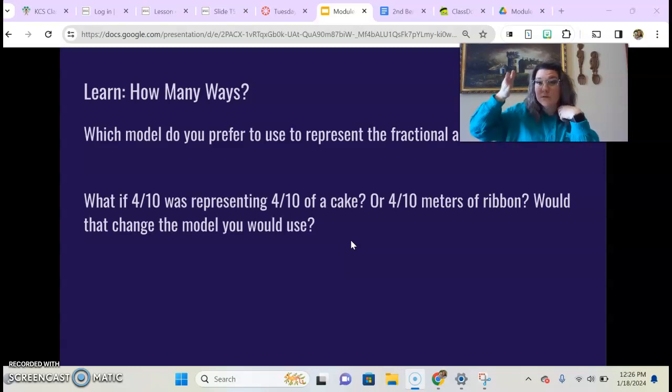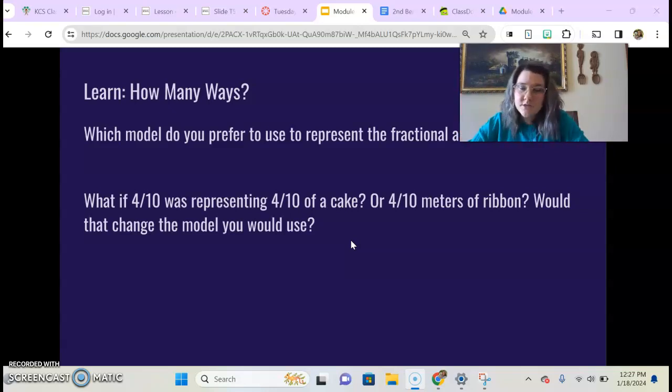Because we know on a ruler that the space in between the whole inches or the whole meters is divided into fractional pieces. So how would you represent 4/10 of a meter of ribbon? I could see either using a number line, because again, it's linear. I can imagine measuring that piece of ribbon, or a tape diagram, because a tape diagram is a little bit longer.